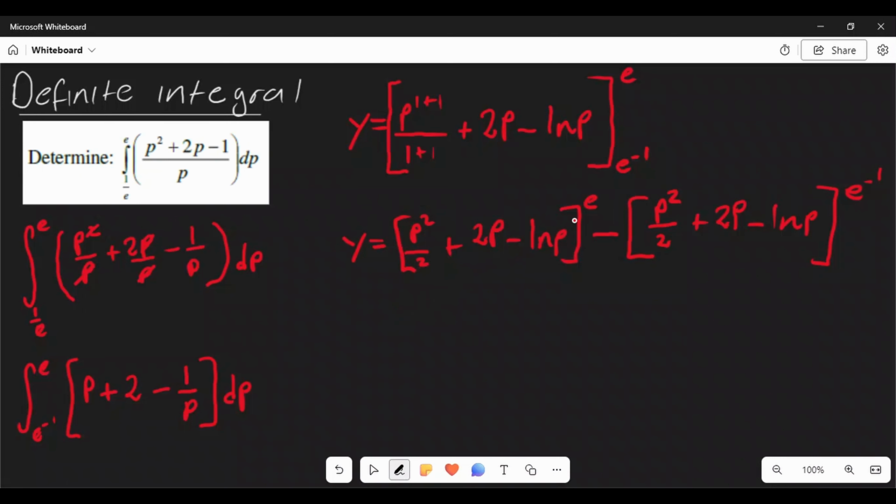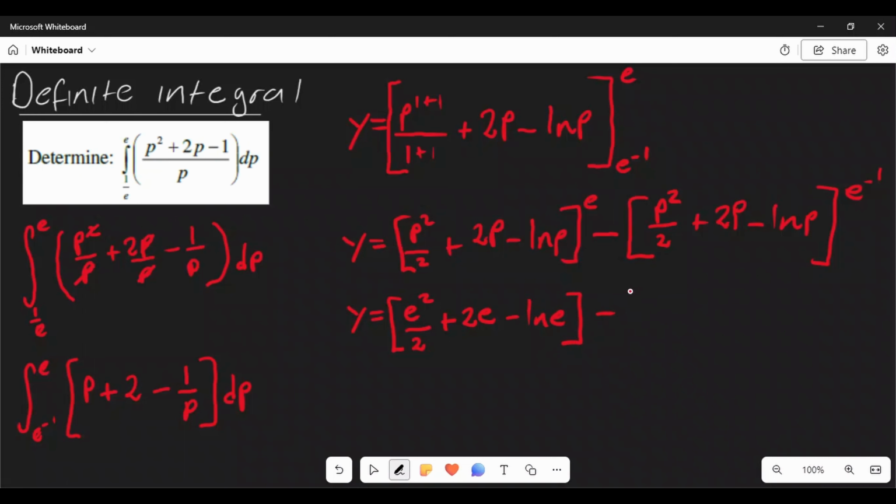In the first bracket, we're going to substitute with the upper limit, and in the second bracket, where we subtract, we're going to substitute with the lower limit. So let's do this. Wherever there is p, we put in e. So e to the power of 2 divided by 2. By the way, e is a number, and then we have 2e minus natural log e, then simple, right?